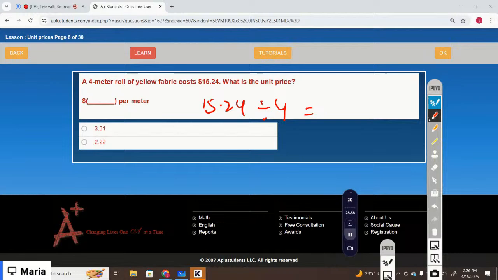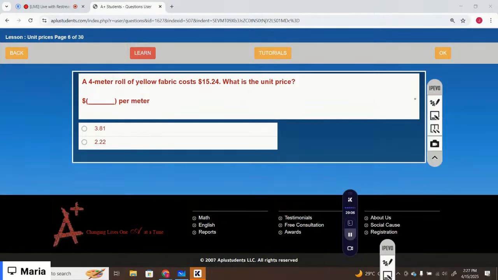That is $3.81. That means the unit price is option number 1, $3.81.